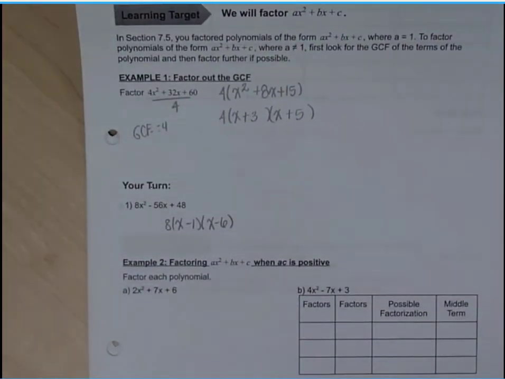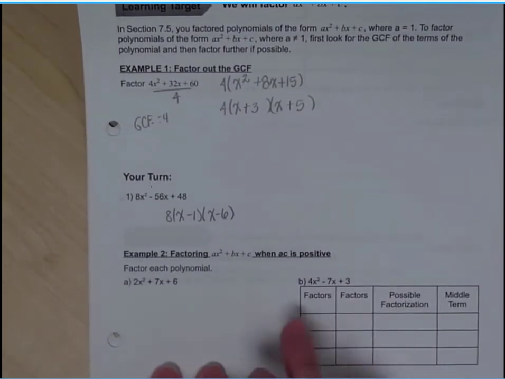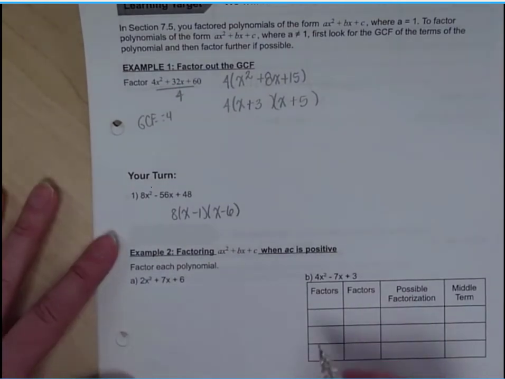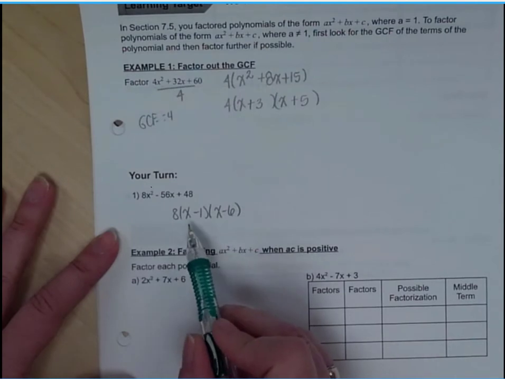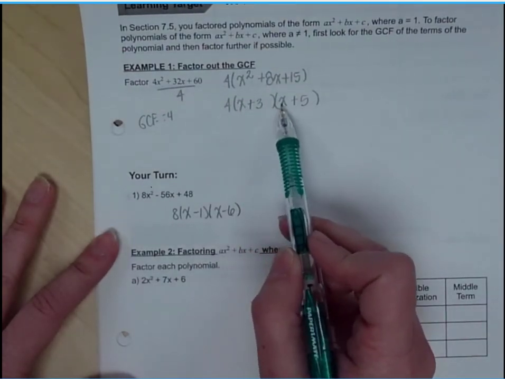Now, there's a couple ways to do this. One of the things that we can do is set up a chart, or we can just do a little guess and check and see what we end up with here. So I know that to get this x squared was x times x.